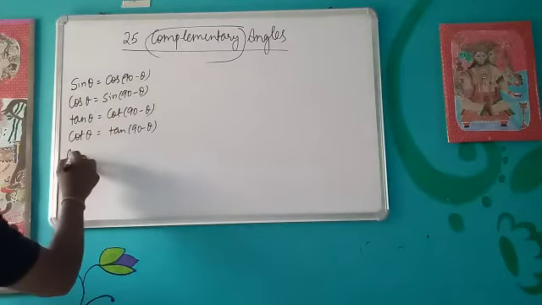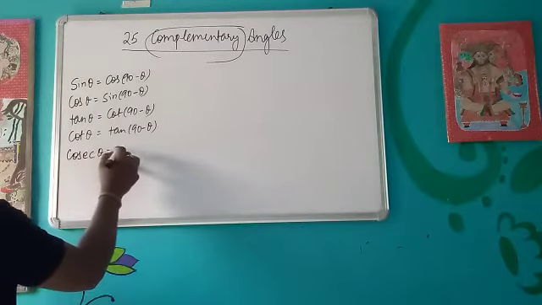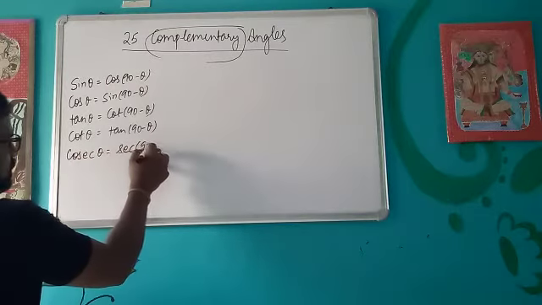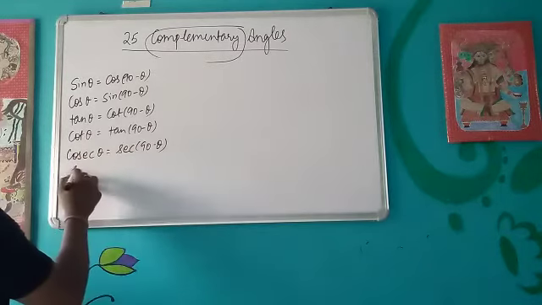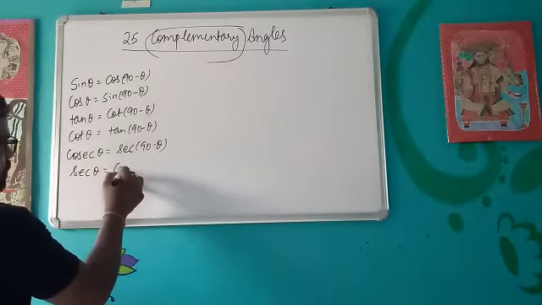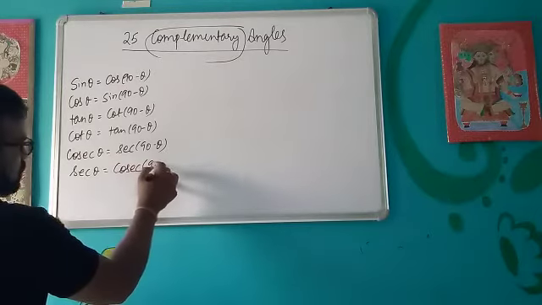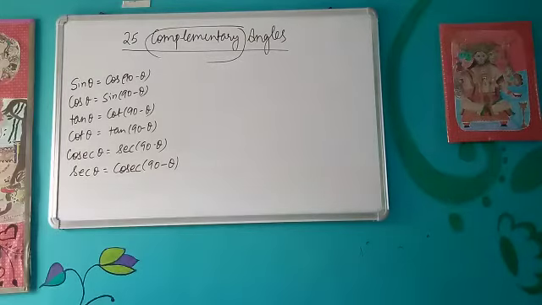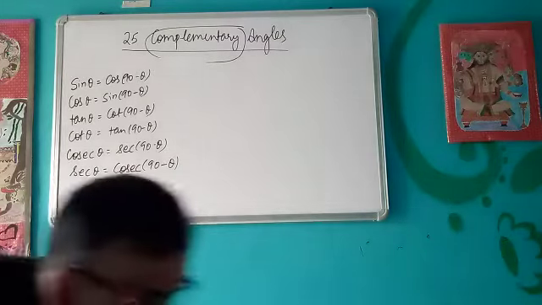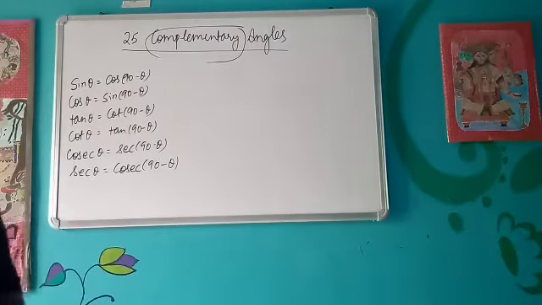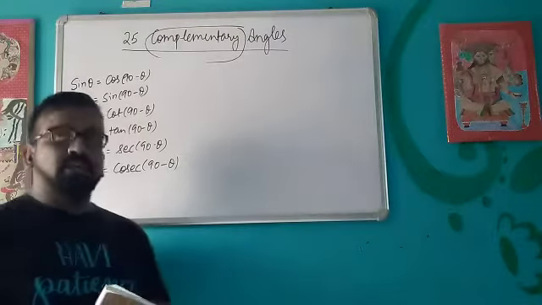Similarly, these relations will hold for the reciprocal relations also, like this. Okay, so these are the relations that we will use when we solve the questions of complementary angles.